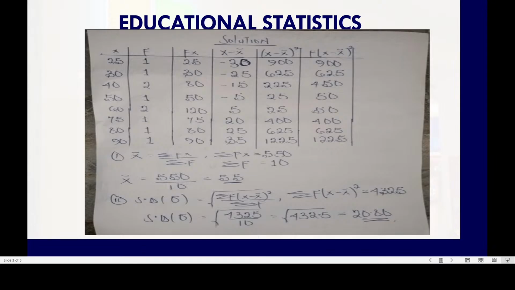This time you don't need the square root. All you need to do is write summation f into s minus s bar square over summation f. So it's the formula, but with no square root. That is the formula for variance.